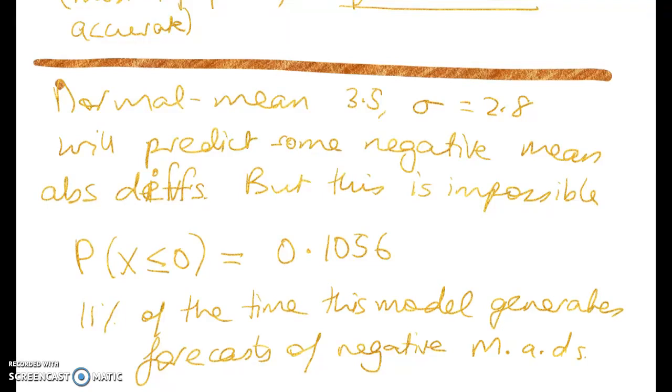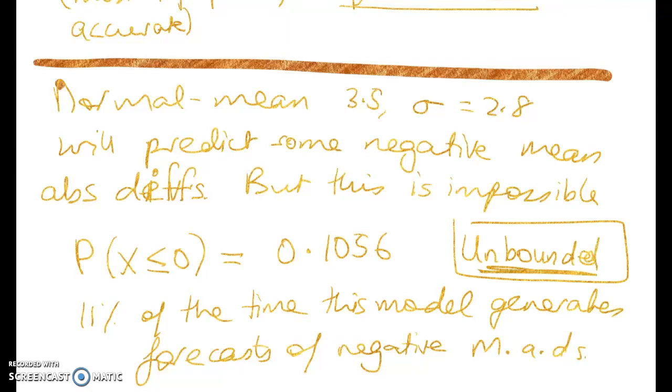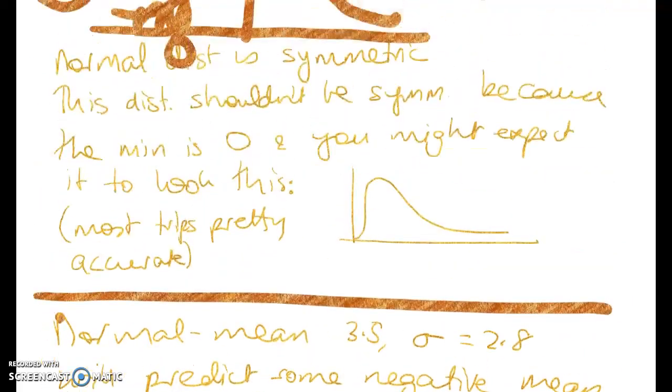So that's not very good. You can call this unboundedness or the zero factor. The normal distribution is not bounded at either end, but in reality, it is here. It should be bounded at 0 at the lower end.